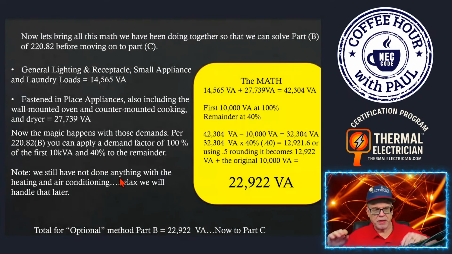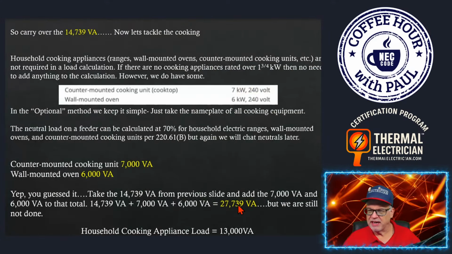That gets added on to this 14,565, right? Let's just go back through real quick so you can see where these numbers come from. There's the 9, there's the 5, there's the other value. So that's where we got the 27.